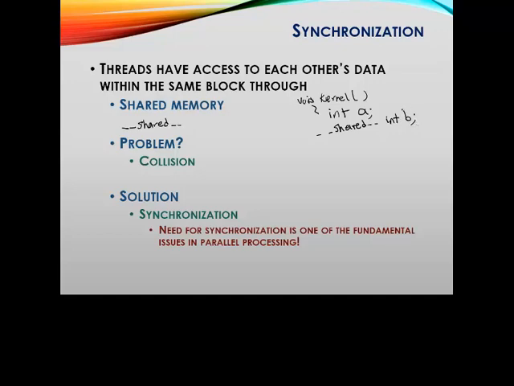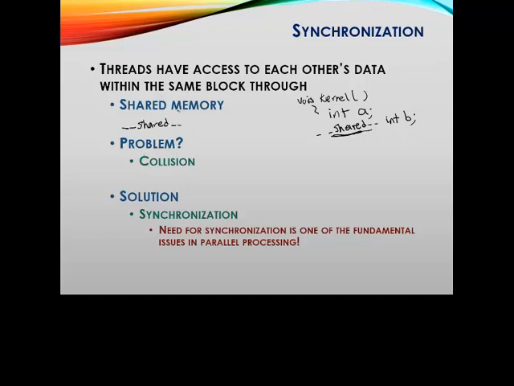Then b is going to be allocated in the shared memory, and all of the copies of my kernel that are within a block will have access to the same copy of b in the memory unit that they can work with. So my threads can work with their own data as a local variable, or with each other's data through the shared memory. Right? So if you tag a variable, an array, or a pointer as shared, then all of the threads within a block will have access to it.